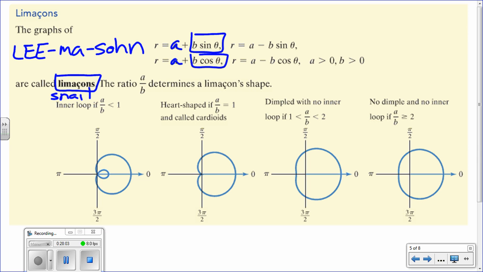It's kind of weird, but the ratio of those constants, the one you're adding and the one you're multiplying by the trigonometric expression, determines the shape. For example, if that ratio is less than 1, you'll have one with an inner loop, like that. If your ratio is equal to 1, you'll have one that looks like a heart, and they're called cardioids.